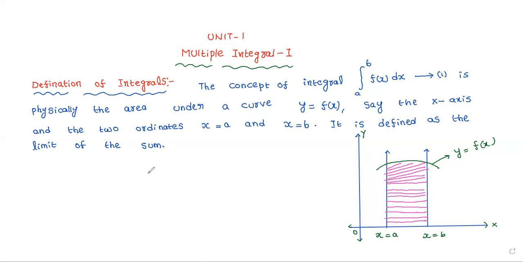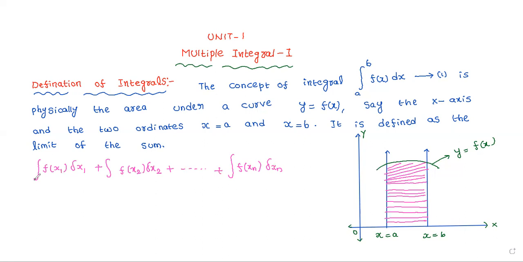So the limit of the sum: first of all, f of x1 delta x1 plus f of x2 delta x2 plus and so on, f of xn delta xn.